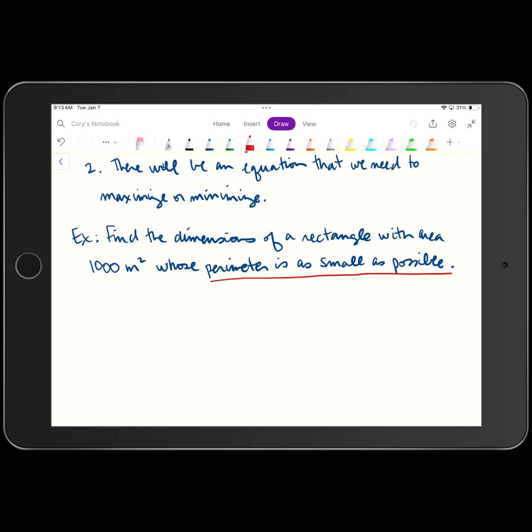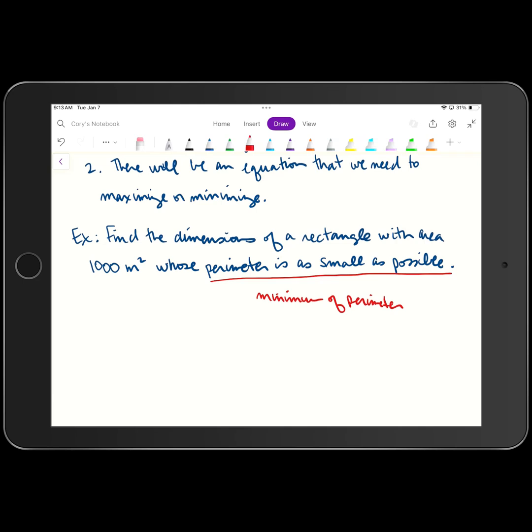So when you see the phrase whose perimeter is as small as possible, we're trying to find the minimum of perimeter. The function that we come up with for perimeter is the function that we are in this case trying to minimize.